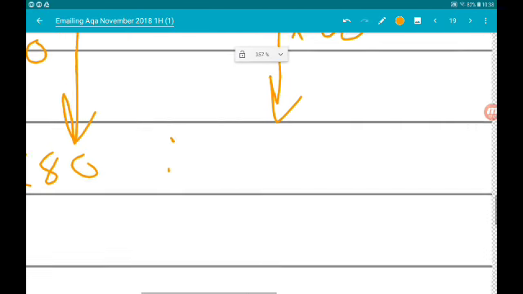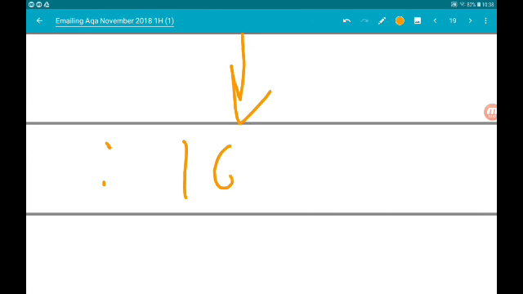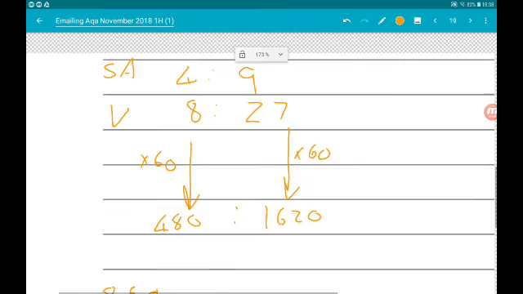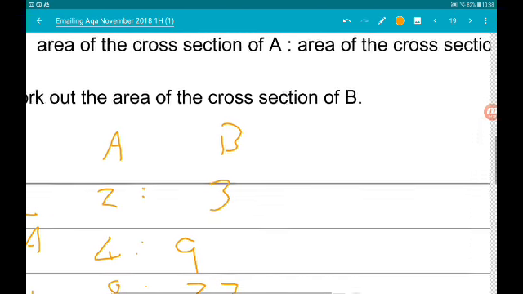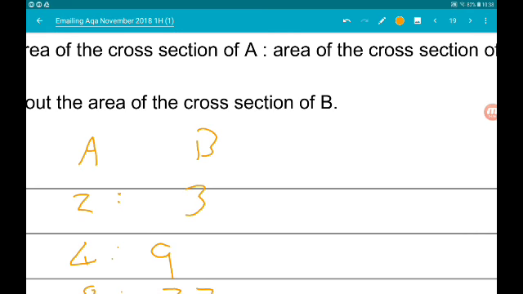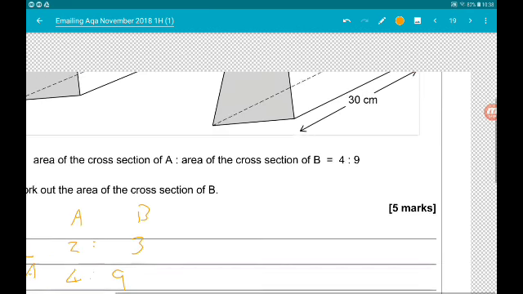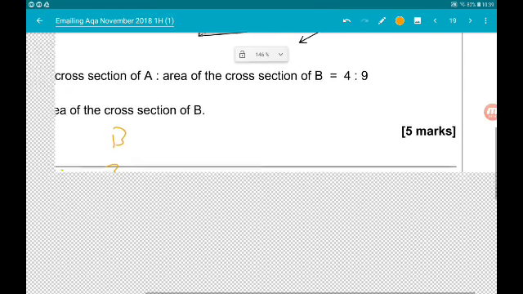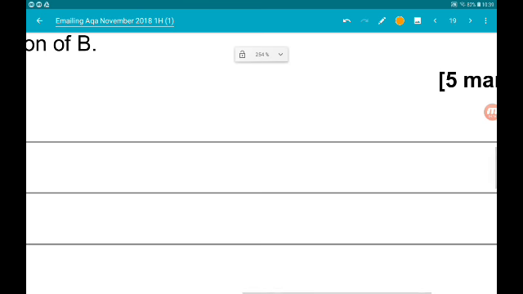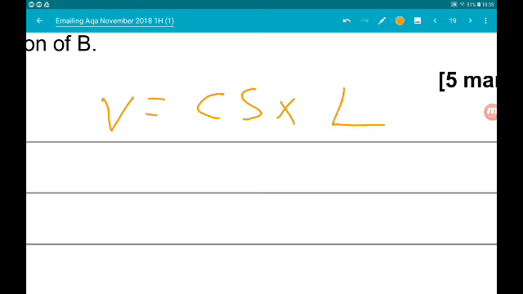So now we know the volume of B is 1620 centimeters cubed. Now remember, what we are actually being asked is to work out the area of the cross section of B. Now we know the length of B, so the volume of a prism is cross-section times the length.